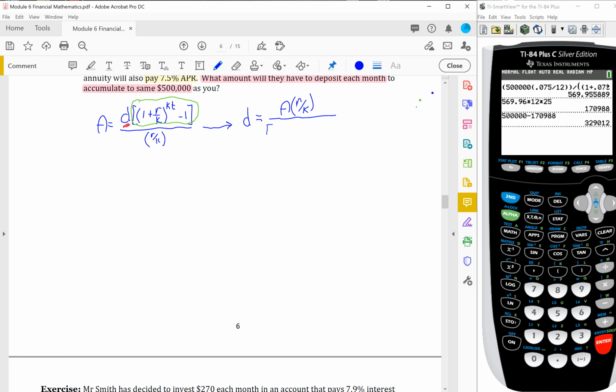So now I'll divide 1 plus R over K raised to the KT minus 1.